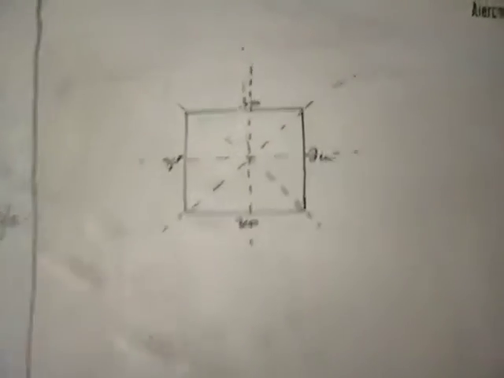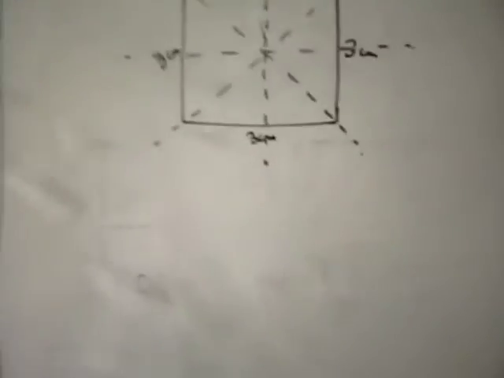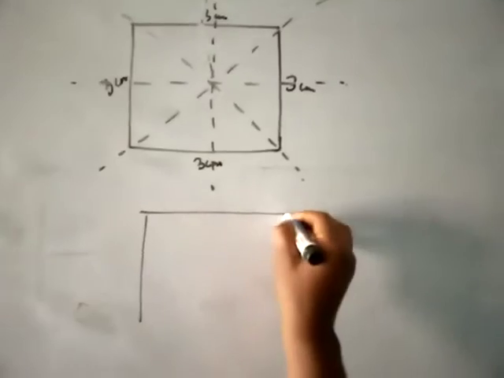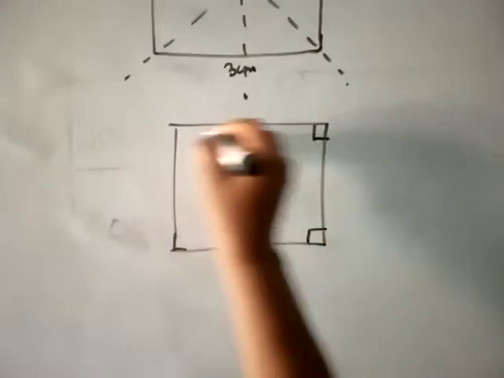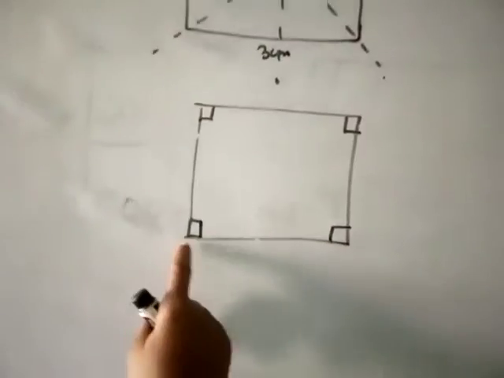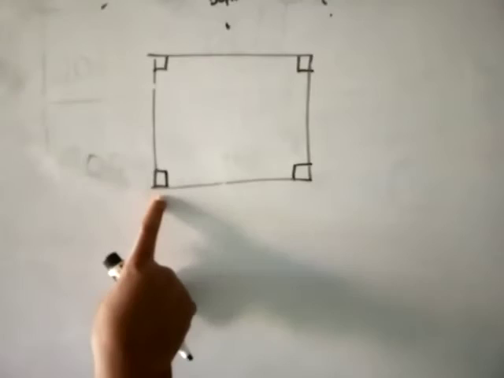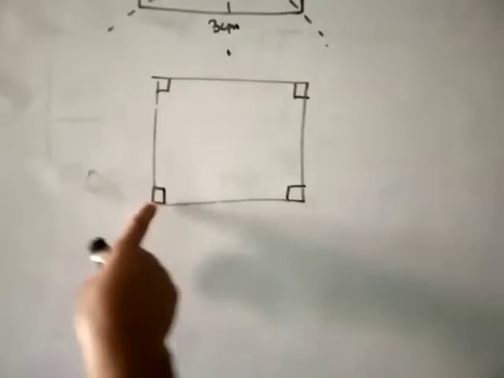Now, we say that all angles are equal. When we say all angles are equal, this is what we are talking about. These are the angles. They are equal. Not only are they equal, we said they are what? Square corner. Look at it.